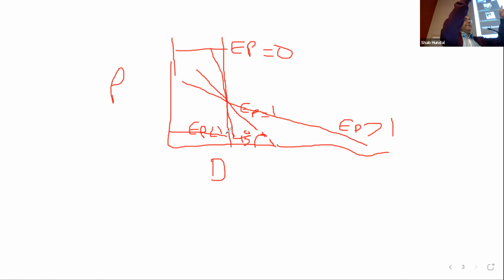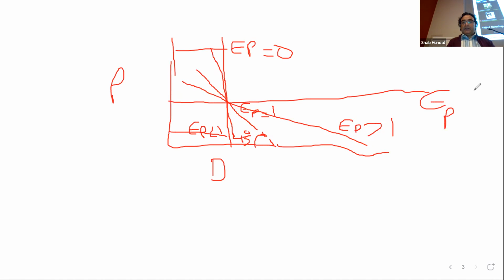The other extreme is the one I was talking about, when the price elasticity is infinity, we use this fallen 8 as a sign of infinity, right?